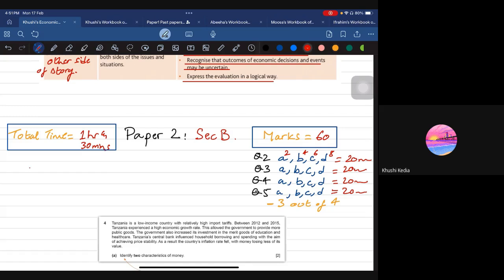Now, if we talk about the parts 2A, 3A, 4A, 5A, these are 2 marks, right? Yes, sir. Now, what is the requirement?